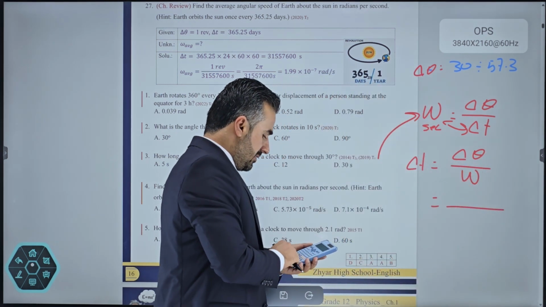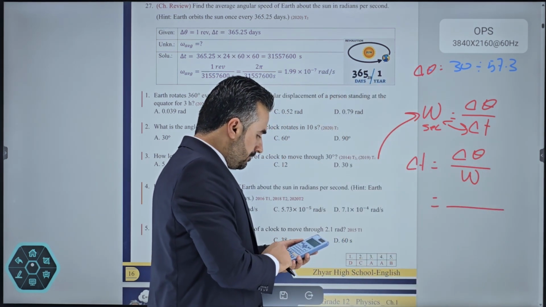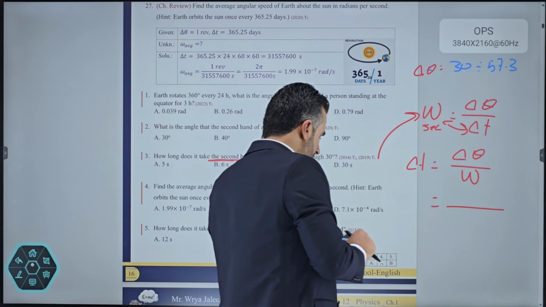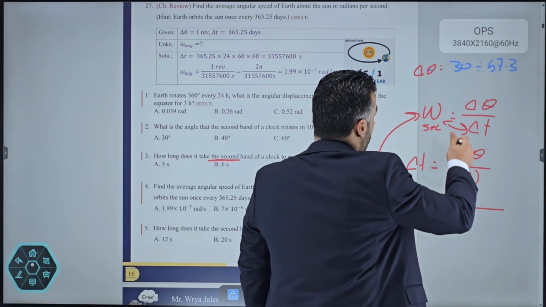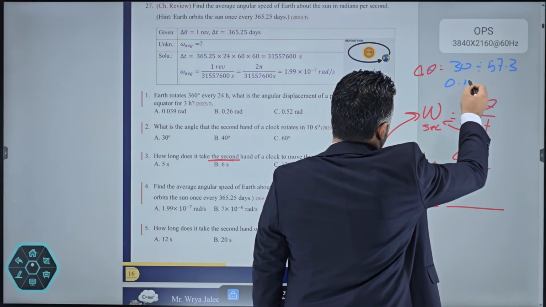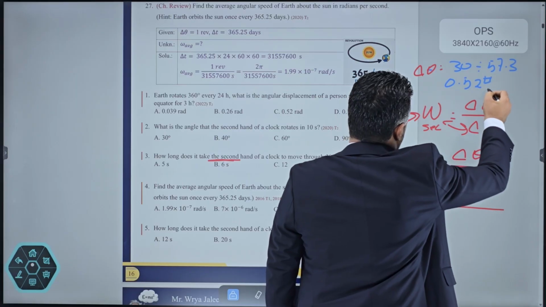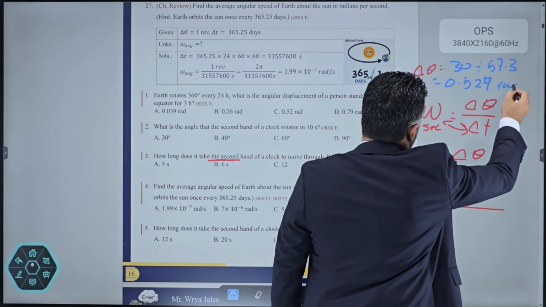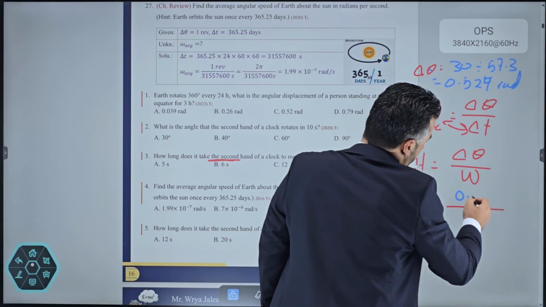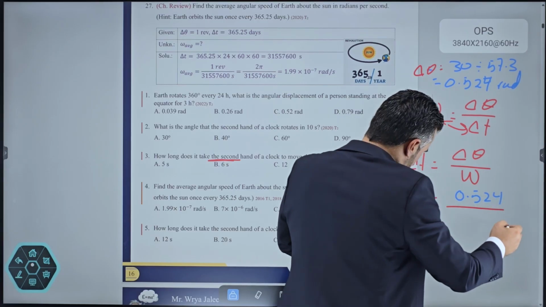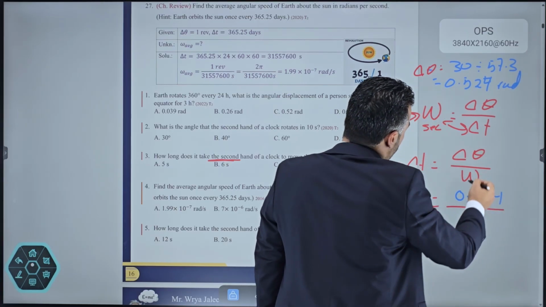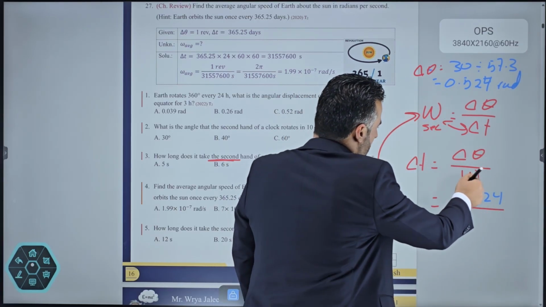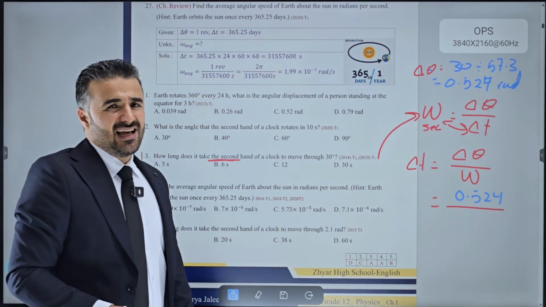So let's see what it is. The answer is going to be 0.524. That is going to be in radian here. Now, divide by the angular speed. But do we have the angular speed for the second hand of a clock?